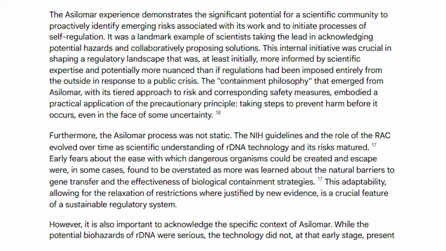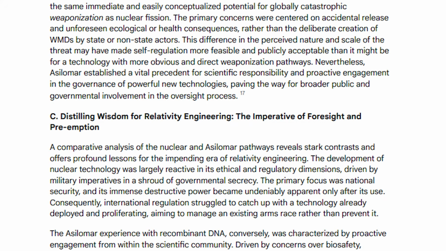However, it is also important to acknowledge the specific context of Asilomar. While the potential biohazards of rDNA were serious, the technology did not, at that early stage, present the same immediate and easily conceptualized potential for globally catastrophic weaponization as nuclear fission.